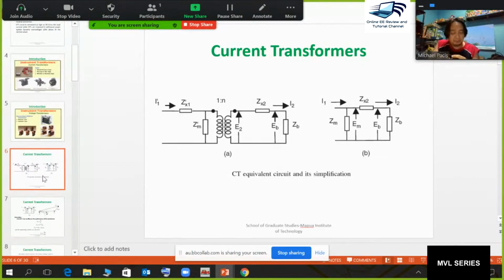So please take note that in this sequence you need to transform your equivalent circuit in the primary to the secondary side, taking note that your transformation ratio is inverse in this kind of situation, simply because the current transformer is dependent on the variables of the secondary side with the lower value.